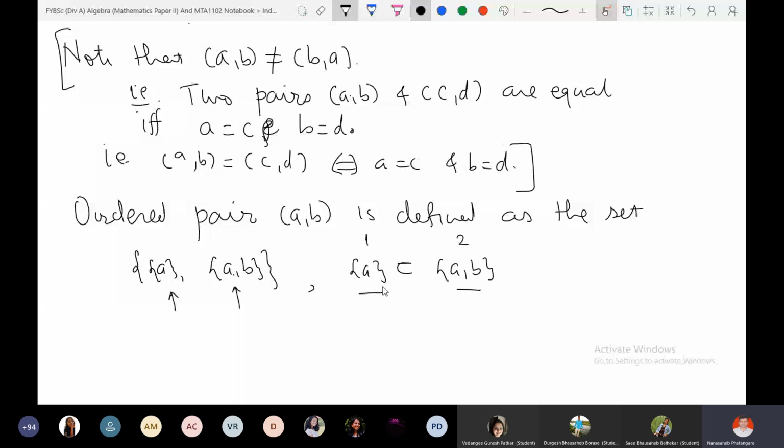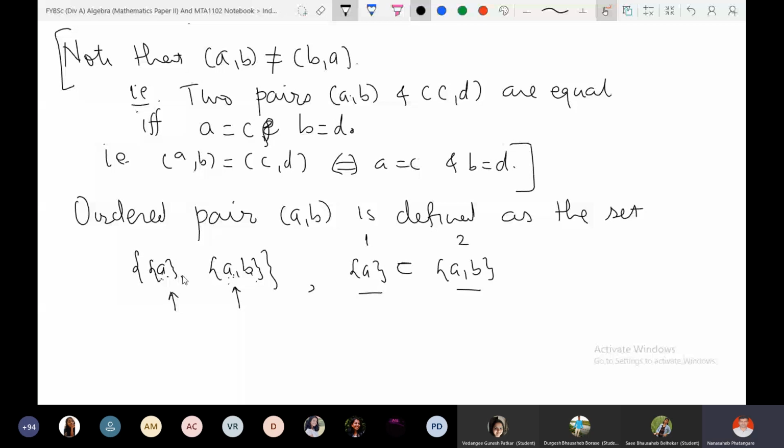Ordered pair AB is a set of two sets, in which one member of that set is a set which includes a single element A, which belongs to both of the sets, and another member is a set which contains one more element which is present in only that set, not present in the other set.